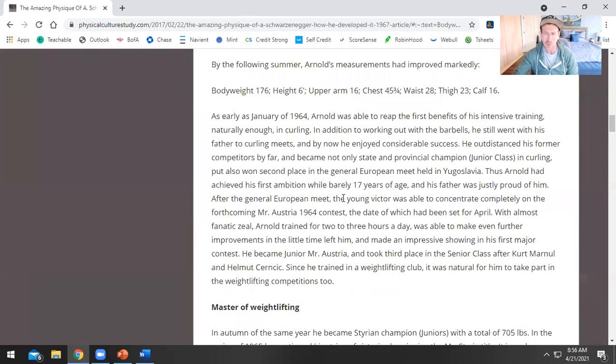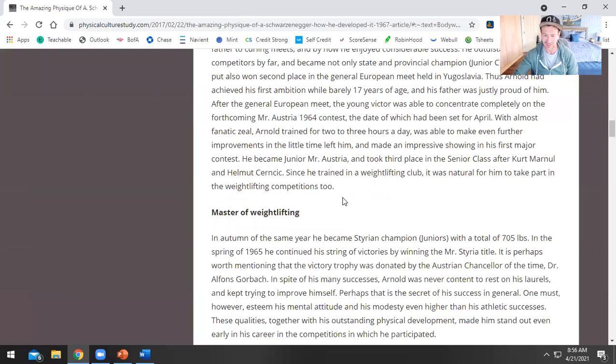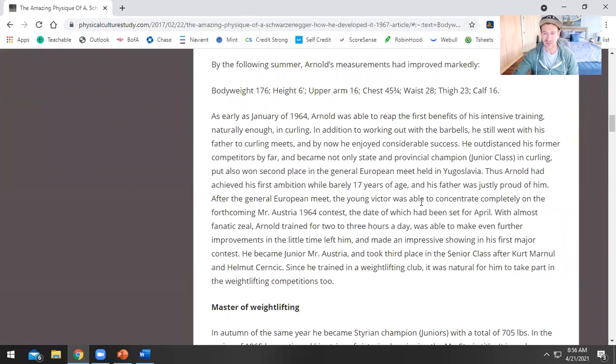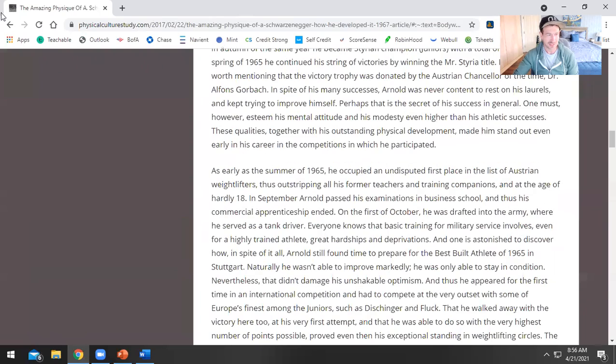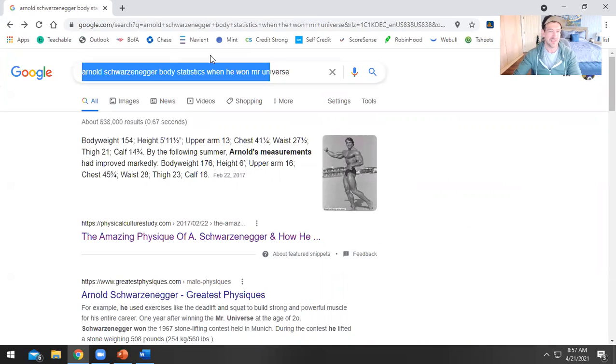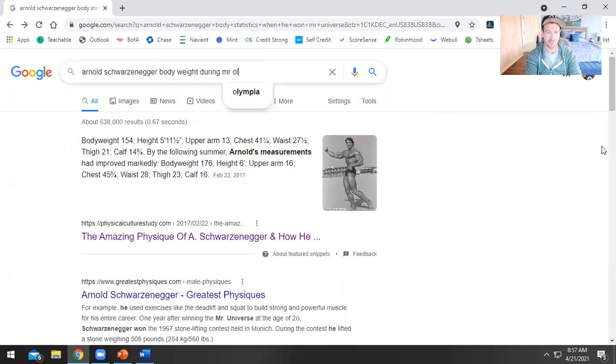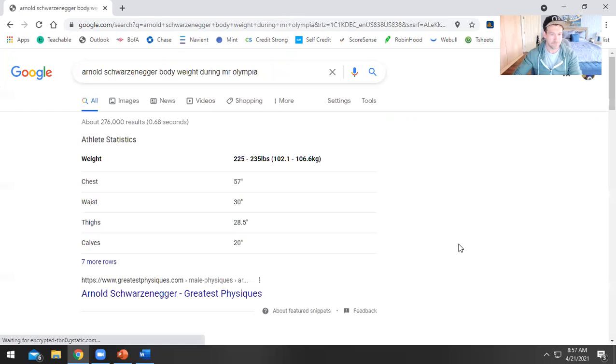I know he was over 200 pounds for sure. Body weight during Mr. Olympia: he was somewhere between 225 and 235 pounds. We'll say 225.